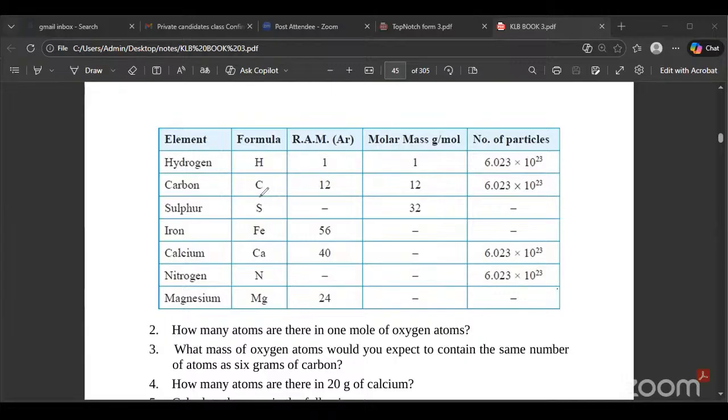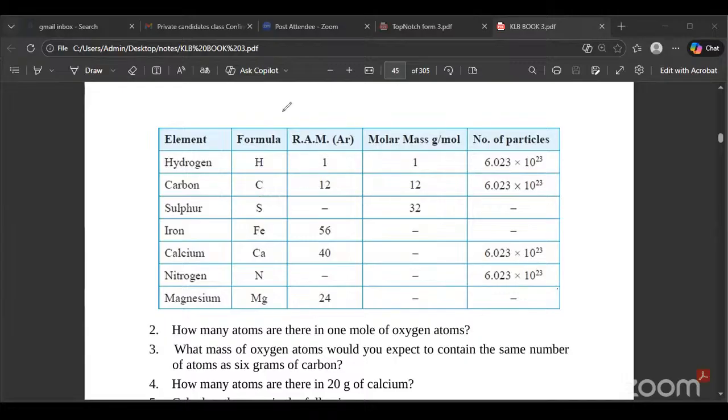So atomic number. Now, I said most of the time atomic number is 16, and atomic number is protons, right? Now protons is equal to the number of electrons. Then we said M is the mass number, which is protons plus neutrons. Is it okay up to there, everyone?